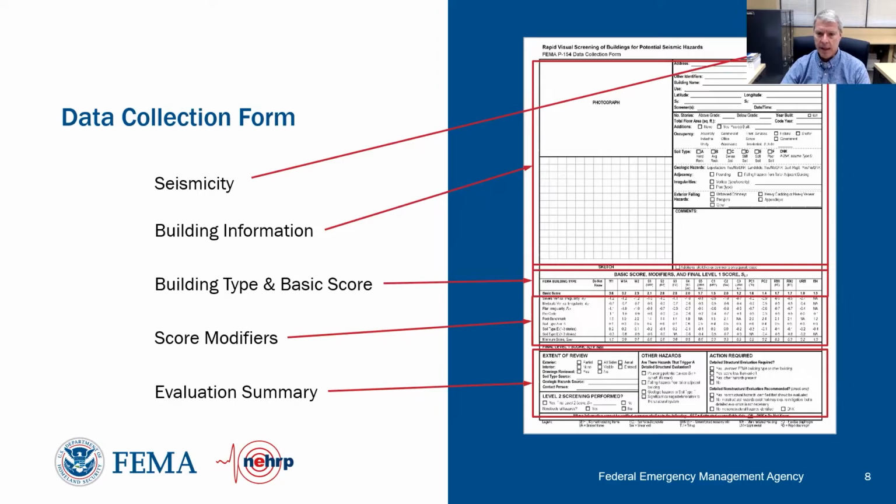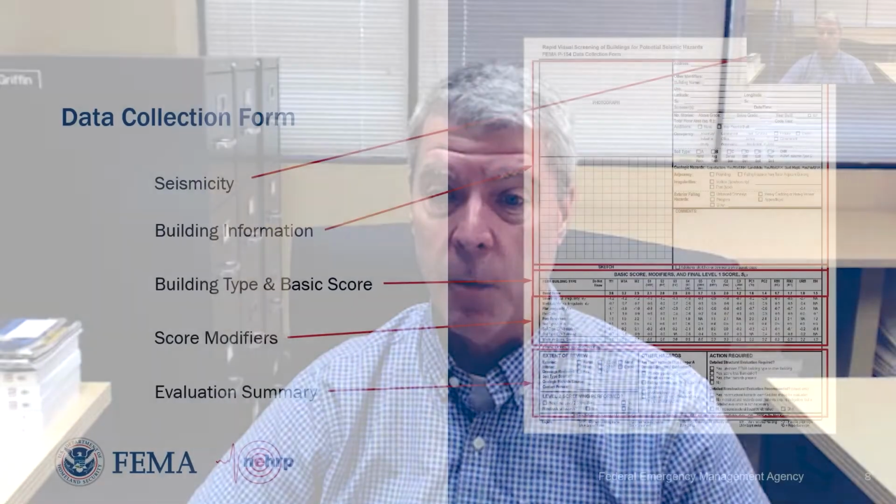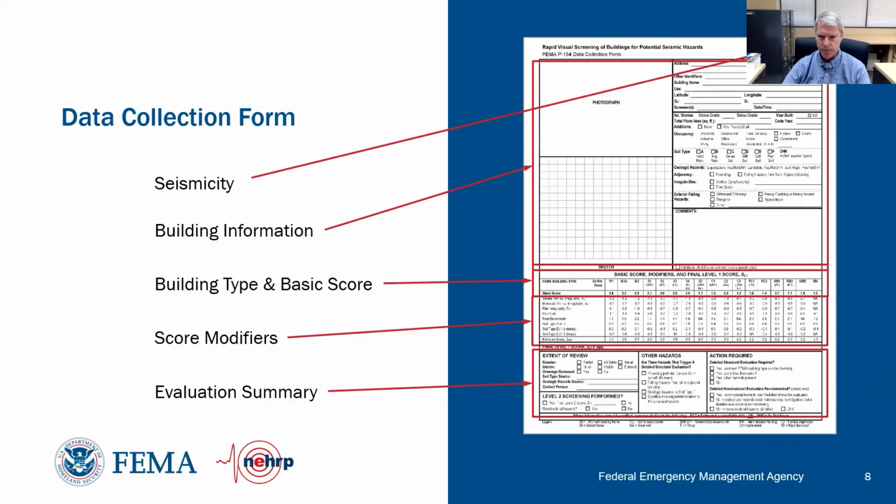A good example is any geological issue that we find with our building. Liquefaction was discussed in the previous module. If we have associated liquefaction potential for our site, we can identify it and note it here. So we don't score it, but we capture it. And so we can recognize that we have a potential liquefaction hazard, even though our building might score very well. So that's other hazards.